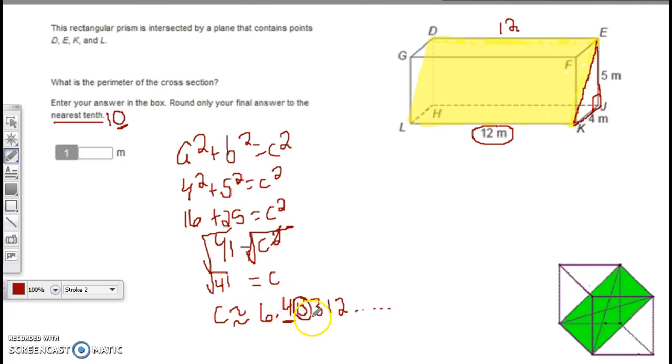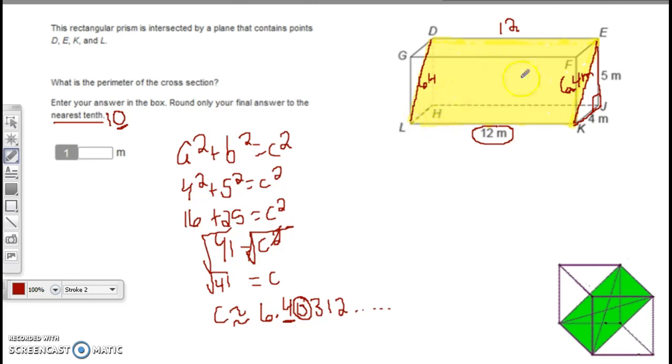And that 0 makes the 4 stay the same. So this length here is approximately 6.4 meters. Now don't put that in as your answer because we're trying to find the perimeter of the yellow shape. That's just the diagonal length.